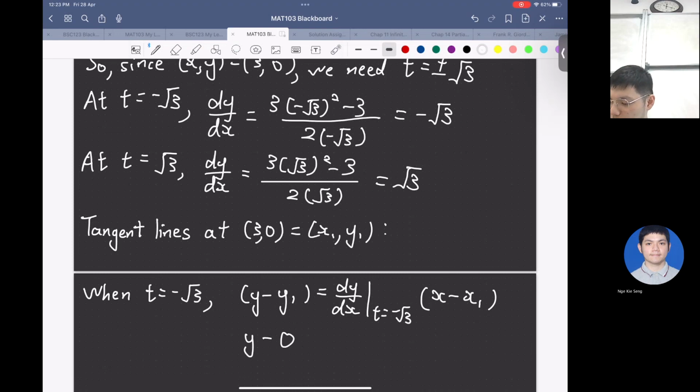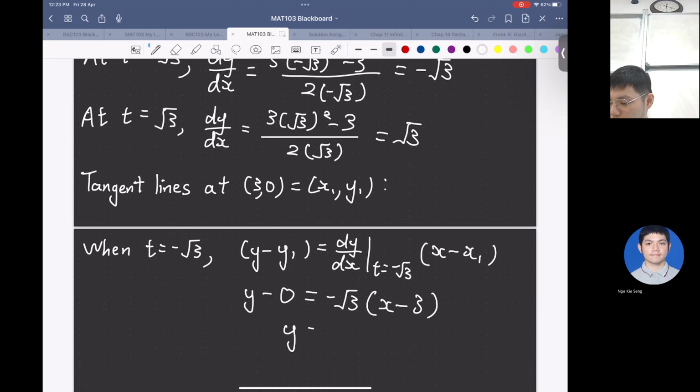So y minus 0 equals the gradient evaluated at t equals minus square root 3, which is minus square root 3, multiplied by x minus 3, sorry. So you get y equals minus square root 3x plus 3 times square root 3.